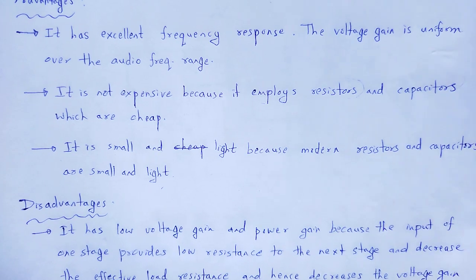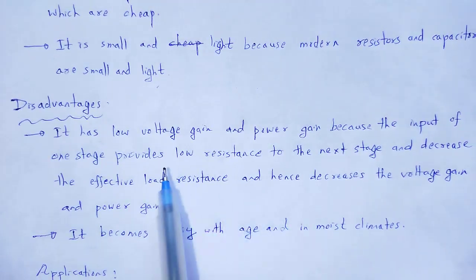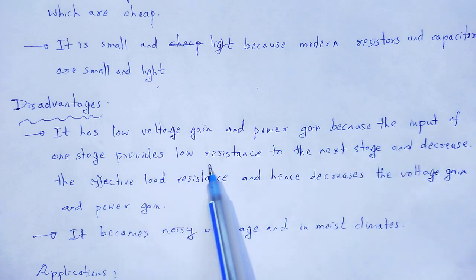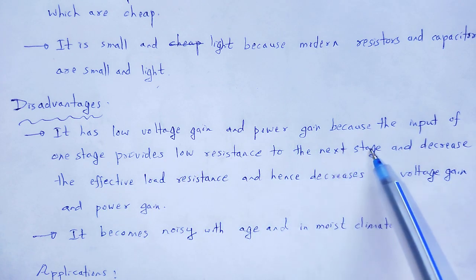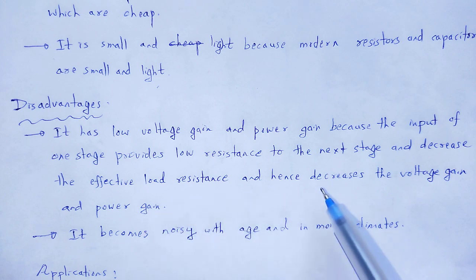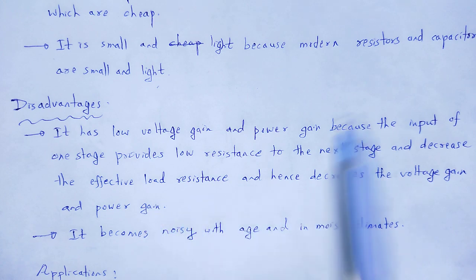Next, disadvantages. It has low voltage gain and power gain because the input of one stage provides low resistance to the next stage and decreases the effective load resistance, and hence decreases the voltage gain and power gain.